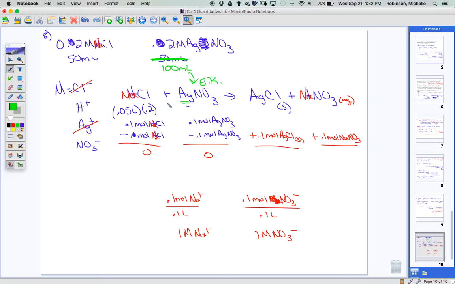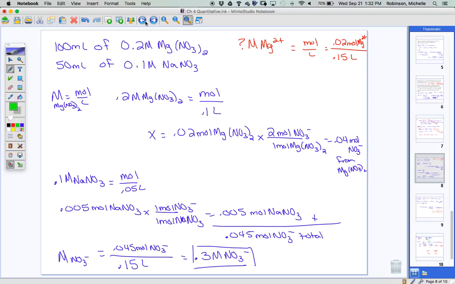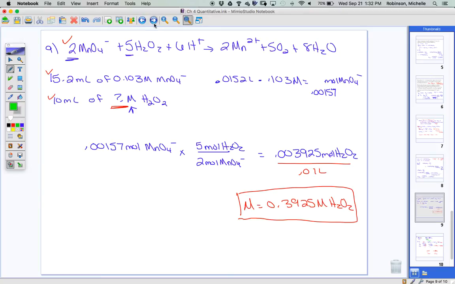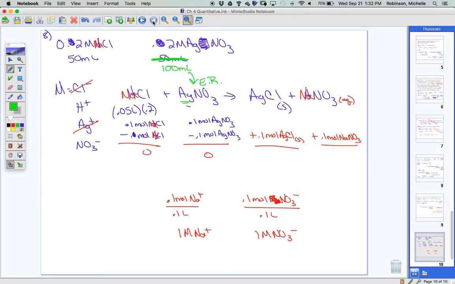No, number 7 is not this. Why is number 7 not this? Nothing happens in number 7. There's no reaction. It's more like this one, where the NO3s, you just combine them, because there's no real reaction. And if there was excess AgNO3, there would also be more NO3 in the solution, right?